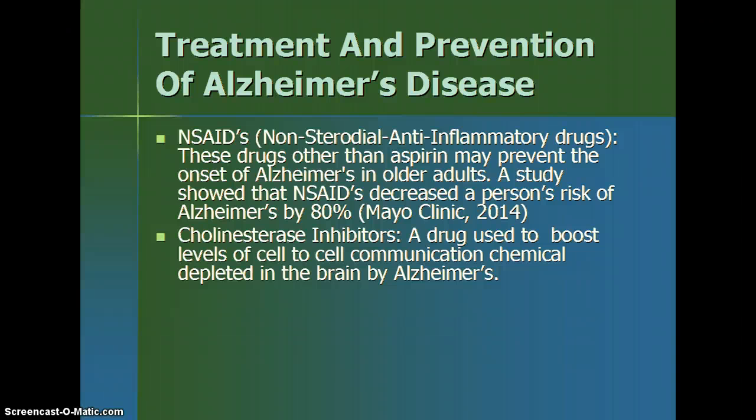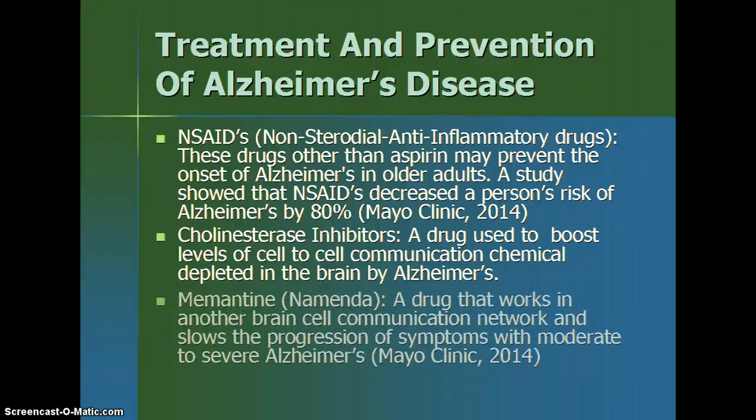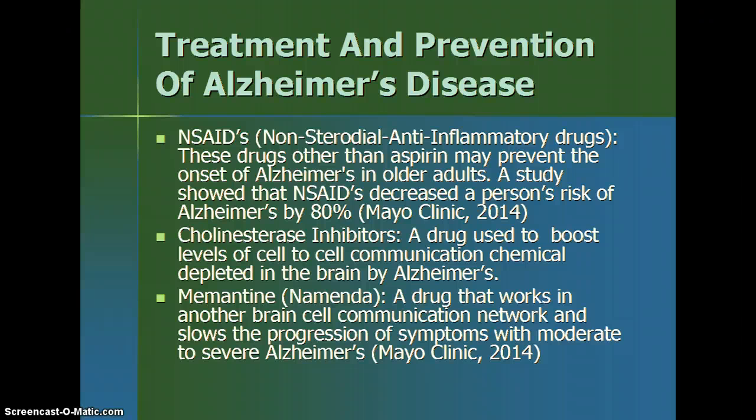Cholinesterase inhibitors are a drug used to boost levels of a cell-to-cell communication chemical depleted in the brain by Alzheimer's. And memantine, also known as Namenda, is a drug that works in another brain cell communication network and slows the progression of symptoms with moderate to severe Alzheimer's.